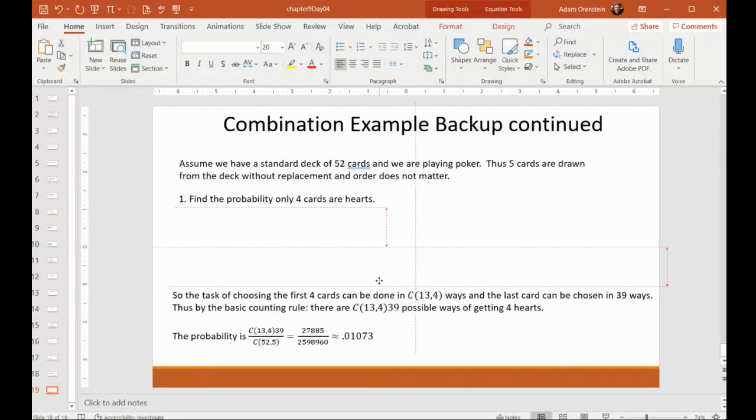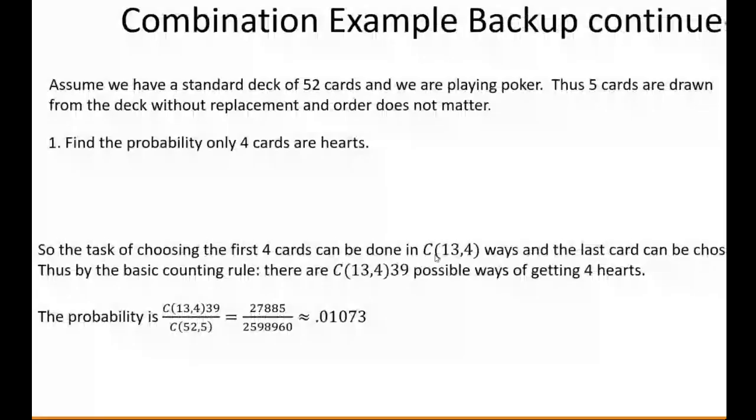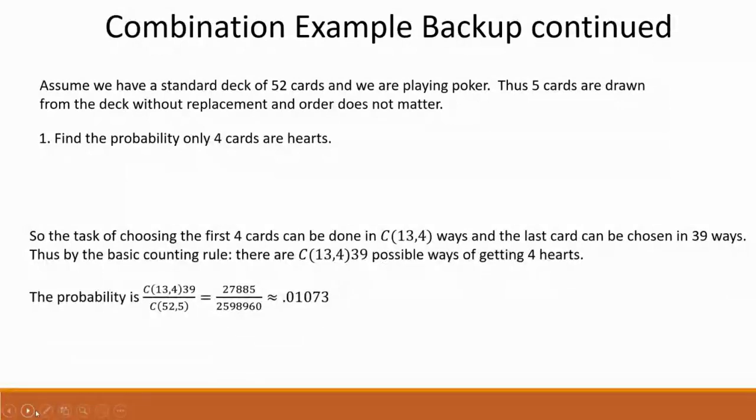By the basic counting rule, as you can see, we have C of 13-4 times 39 possibilities. Again, there are 39 possibilities for the last card. So the probability then would be this quotient. And this is what we get.